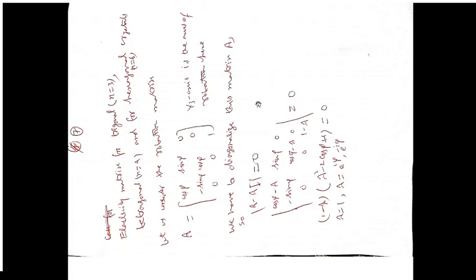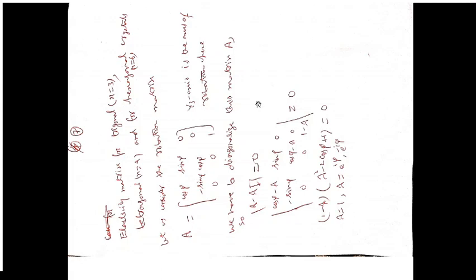When two matrices are similar: if you have matrix A and matrix B, both of order n by n, then we say that A and B are said to be similar if B is equal to S inverse A S, where S is any non-singular n by n matrix.